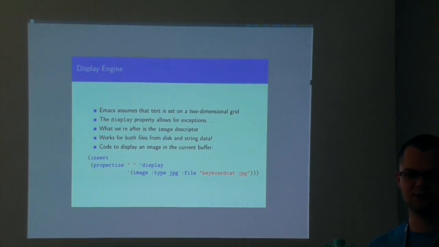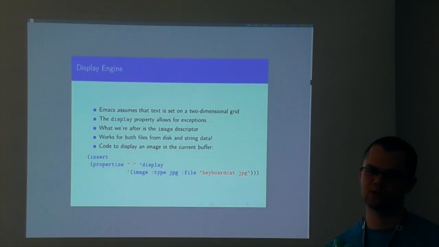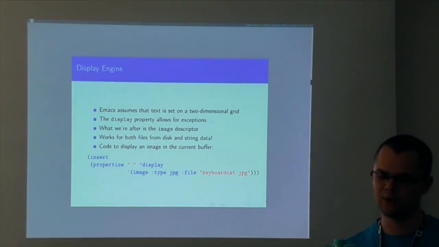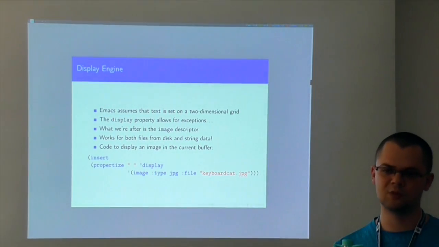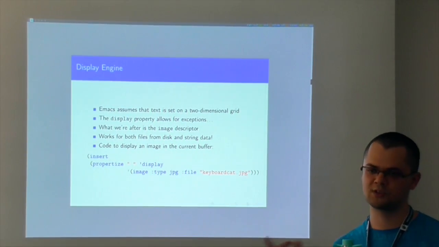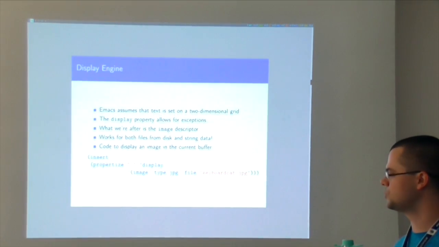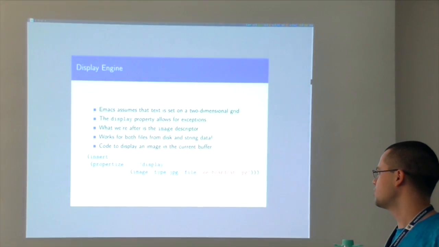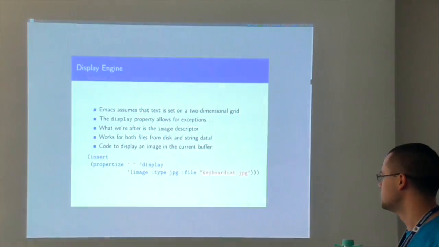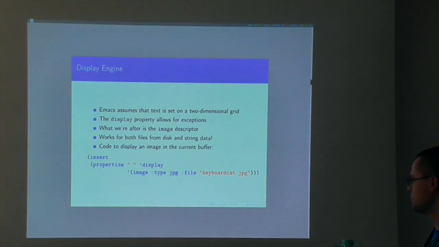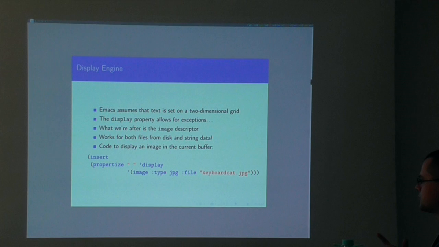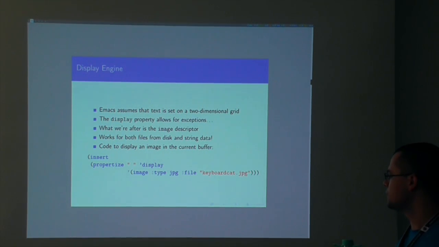So you have lots of cells which are twice as tall as they are wide, and at one place you'd have an image instead, which would occupy the whole cell, but otherwise the text display stays the same. So you could use that to insert an image into a buffer with the following code. You'd have an insert, which would need a text as argument, and you'd use the propertize function to turn a string consisting of a single space into a propertized string with a display property.